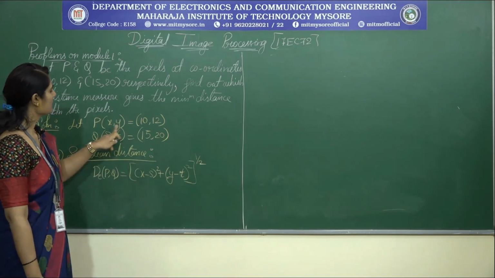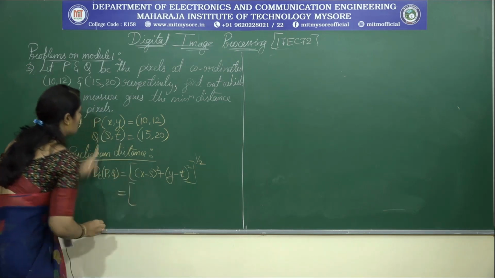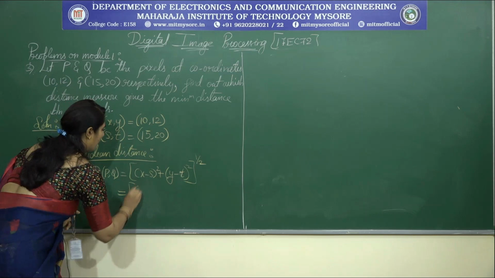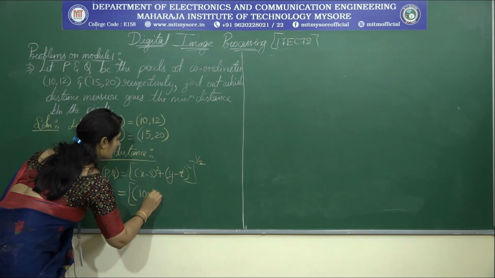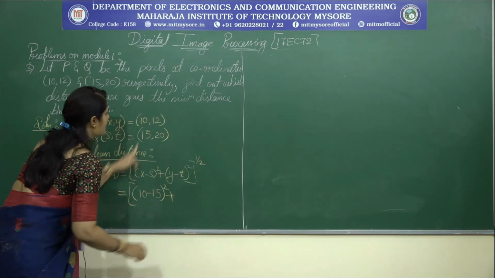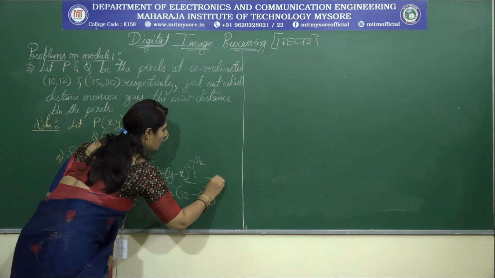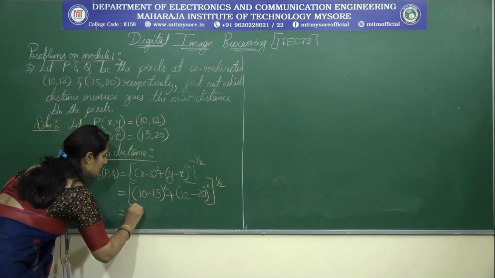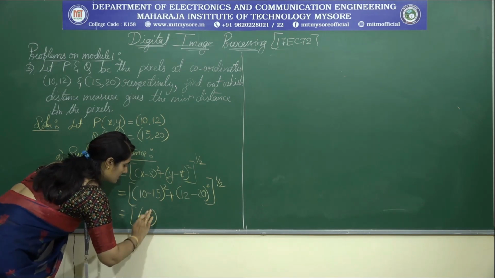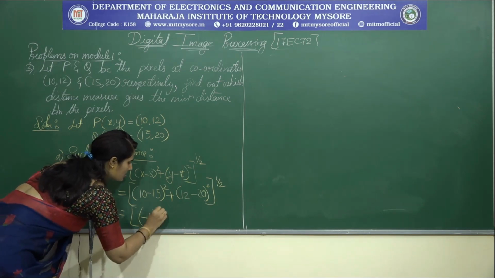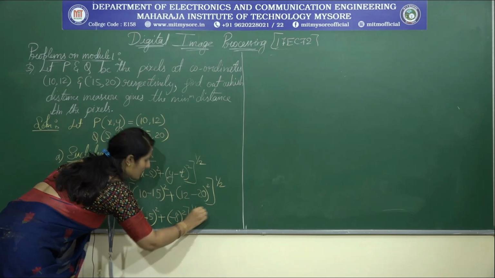Anyway, we know the values of x, y and s, t, right? Let us substitute here. So this is equal to x is 10, y is 12, and s is 15, t is 20. So ((10 minus 15) whole square plus (12 minus 20) whole square) whole power 1 by 2. So this is equal to ((minus 5) whole square plus (minus 8) whole square) whole power 1 by 2.